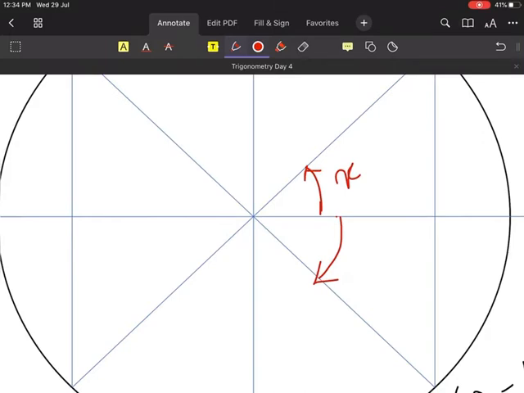It will be minus x. The reason is that it's rotating in the clockwise direction, and clockwise direction, I told you, is a negative sign. Anti-clockwise is positive and clockwise is negative.